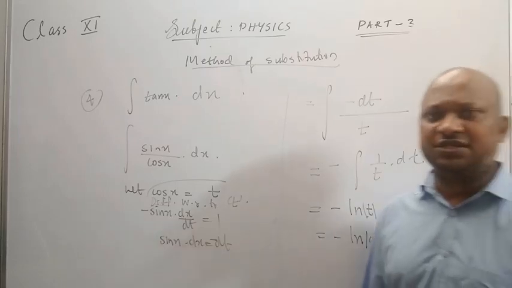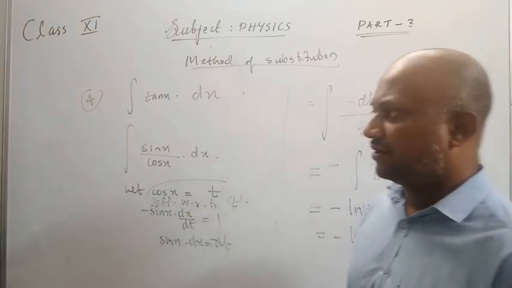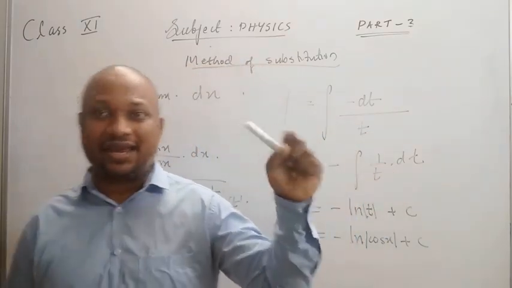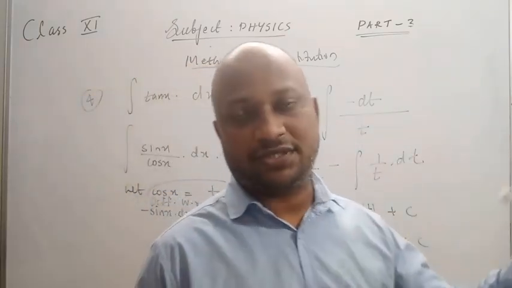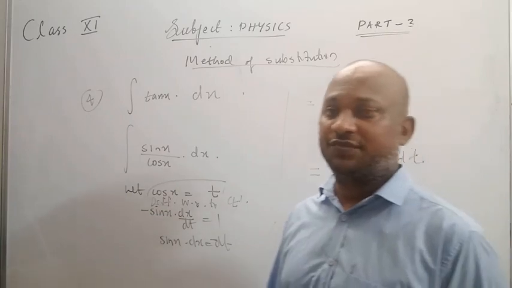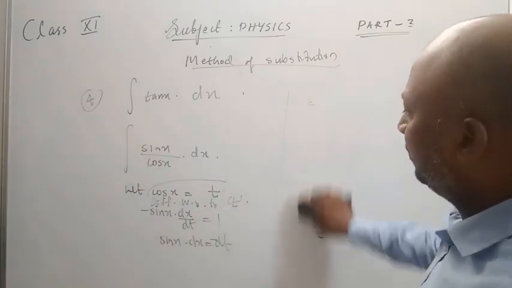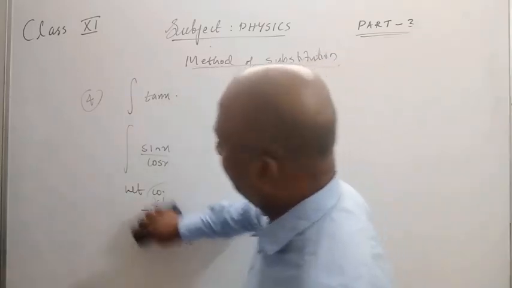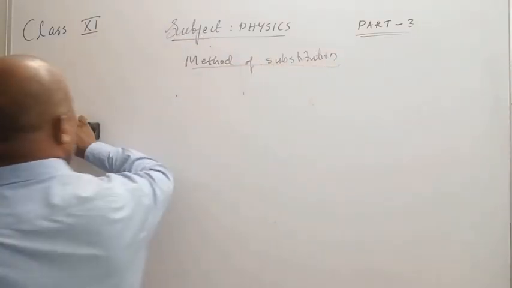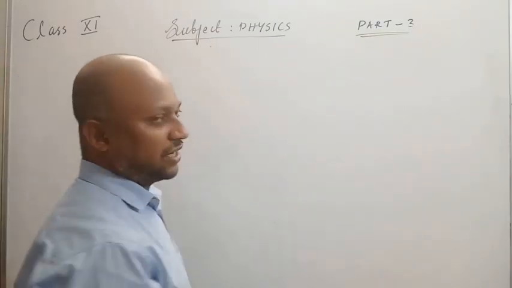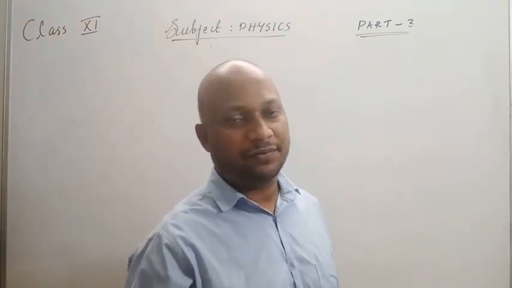So in the derivations, mostly the method of substitution is there, like sin ax plus b, cos ax plus b, those kinds of questions we have. The product rule you don't need to learn for physics anyway, because that will become more complicated for you.